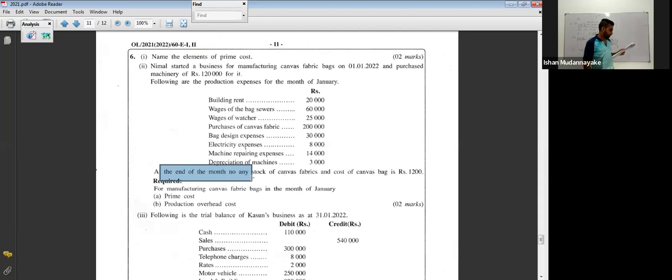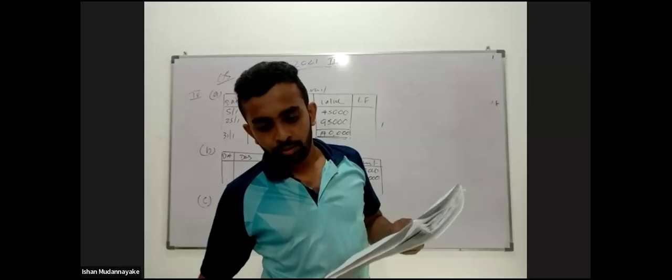Right. Now you have to calculate prime cost. What does prime cost include?